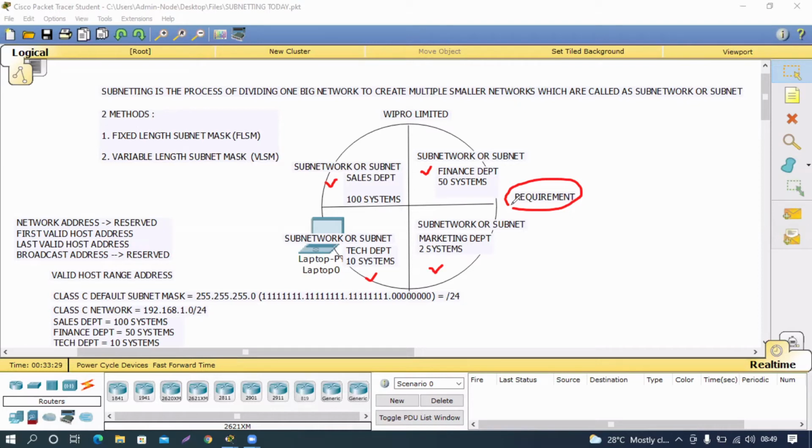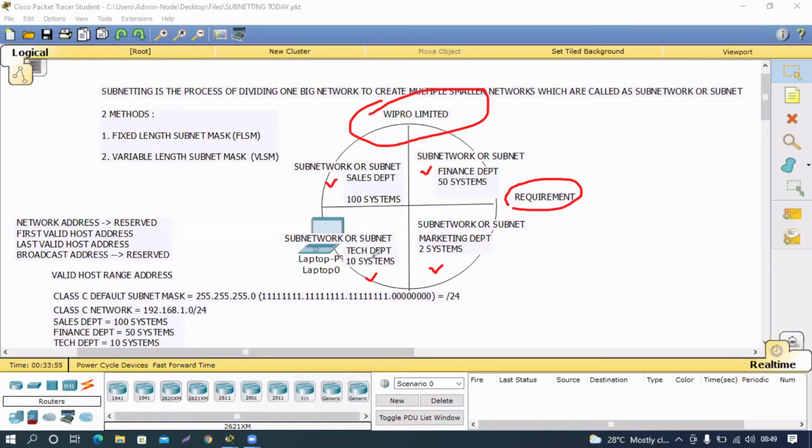Subnetting is totally based on requirements. When you have a number of systems, that is when you can perform subnetting. All these requirements you are seeing are variable; they change per department. Now in every single company there is a policy that sales department machines cannot communicate to the finance department.